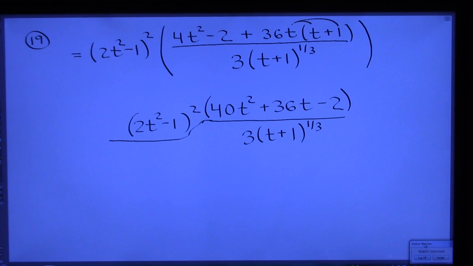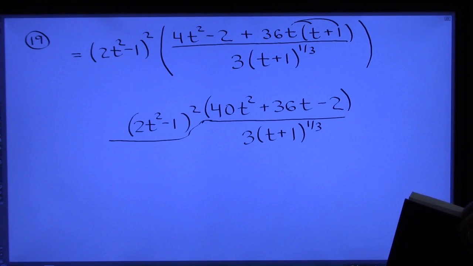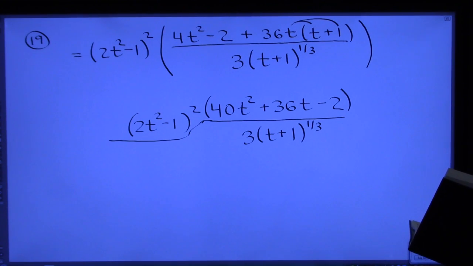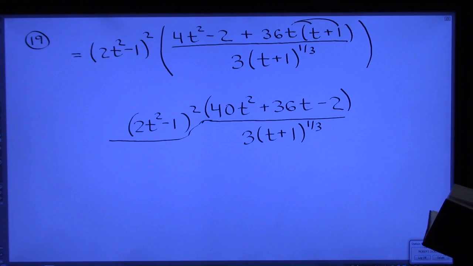I'm going to look at the answer in the back to see if I got close to what they want. Let me see, this is 2.5, number 19. They just left it. What did they do? Wow, okay, that doesn't look anything like what they did.